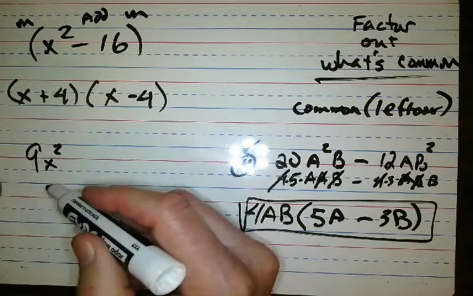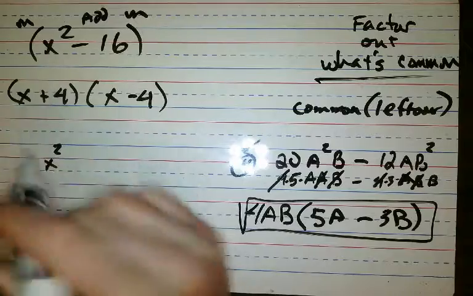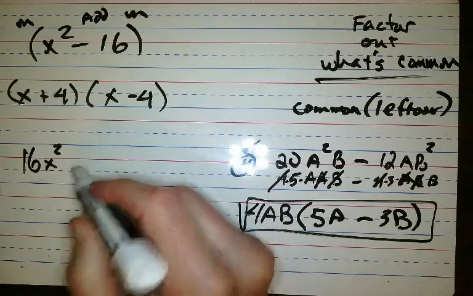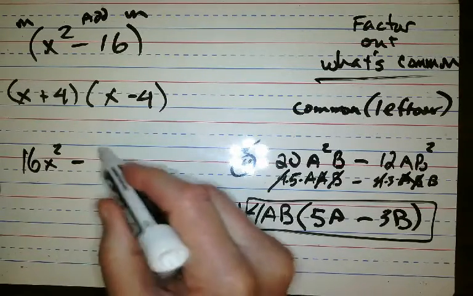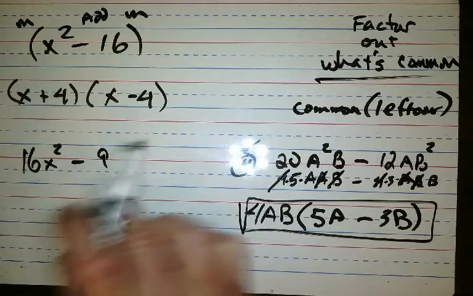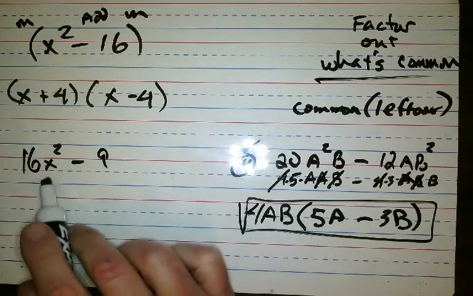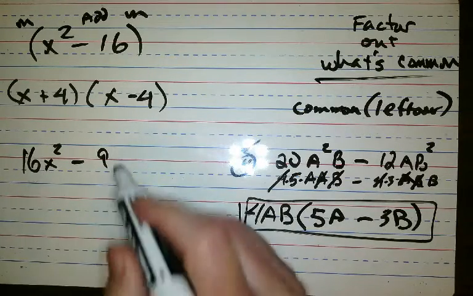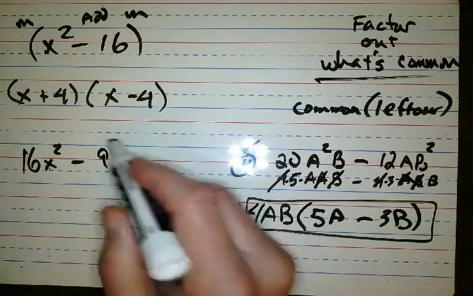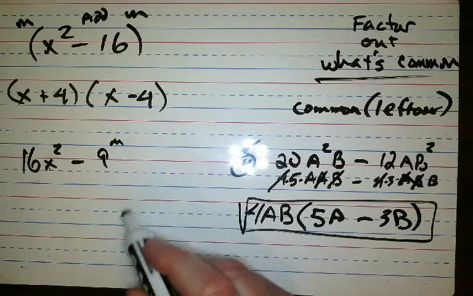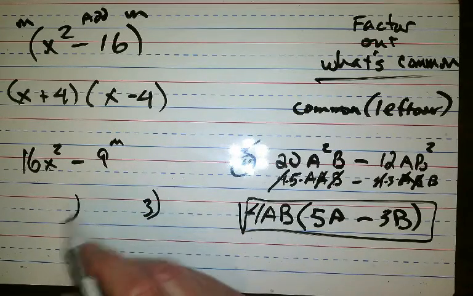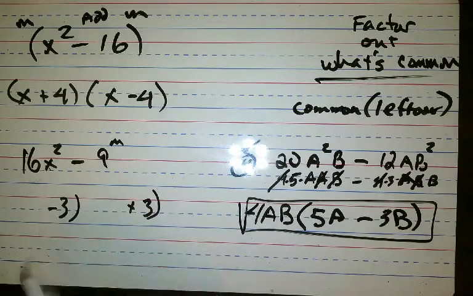And this is also a special case. 16x squared minus 9. Let's try that, huh? So look at that. Well, I know that it's a special case because there's only two things. I know the numbers that multiply to be 9 would be 3 and 3, 1 positive, 1 negative.